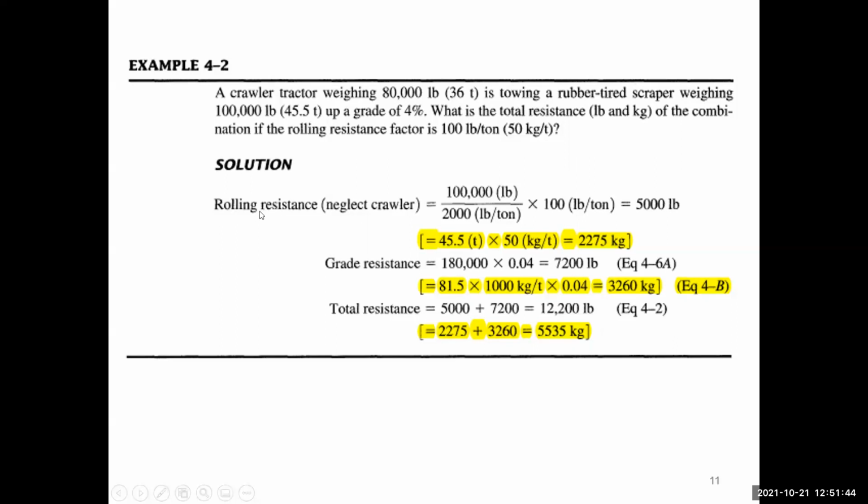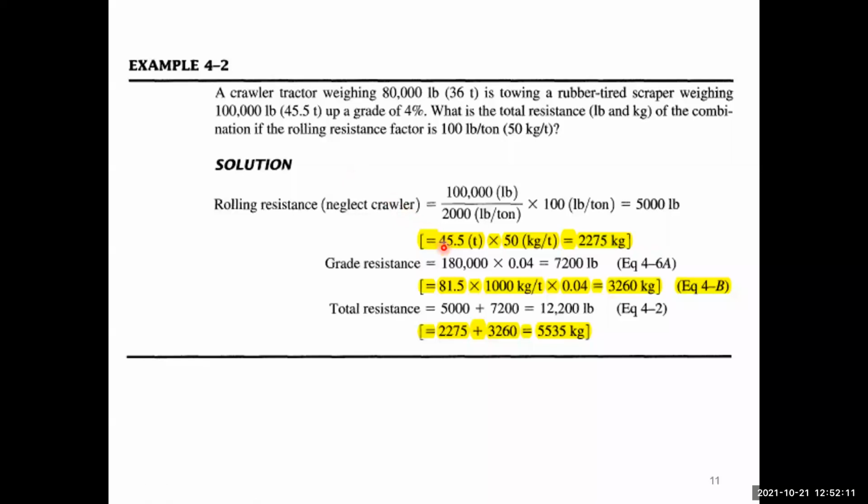So the rolling resistance in this case will be equal to 45.5 ton, which is the weight being towed. Okay, so 45.5 ton load will be towed.